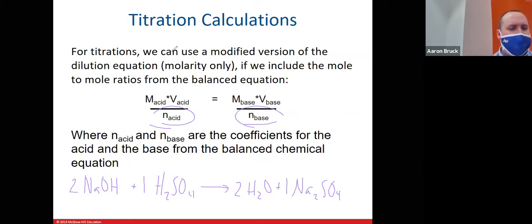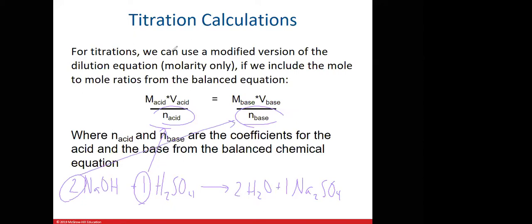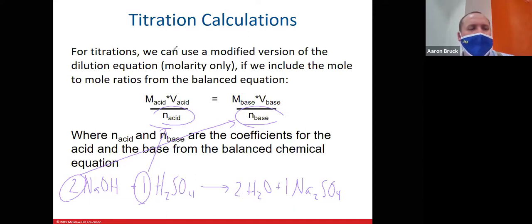My values of n would be the coefficients attached to the acid and the base. So for the acid, sulfuric acid had a coefficient of 1. My denominator would have a 1. For the sodium hydroxide, my base, it has a coefficient of 2. So I would need a 2 in that spot right there.